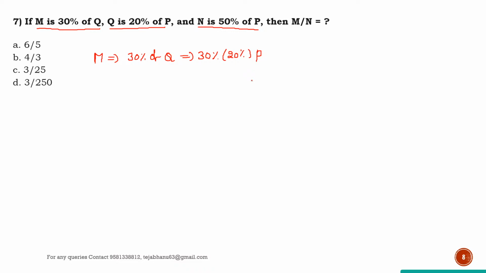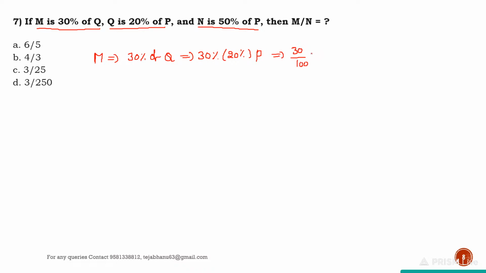Q is nothing but 20% of P, so I have substituted the value. That is 30%, which is 30 by 100.